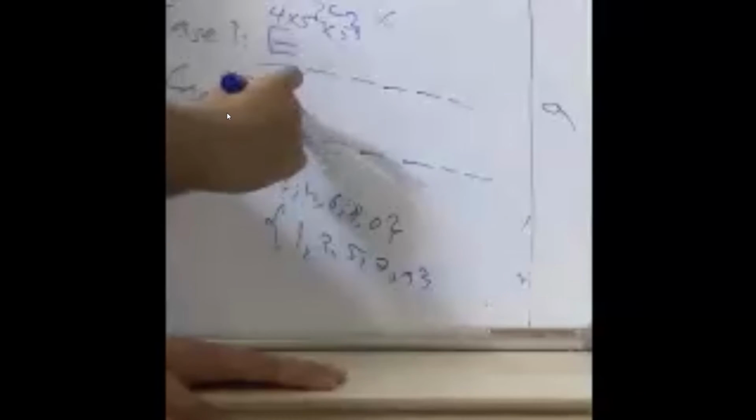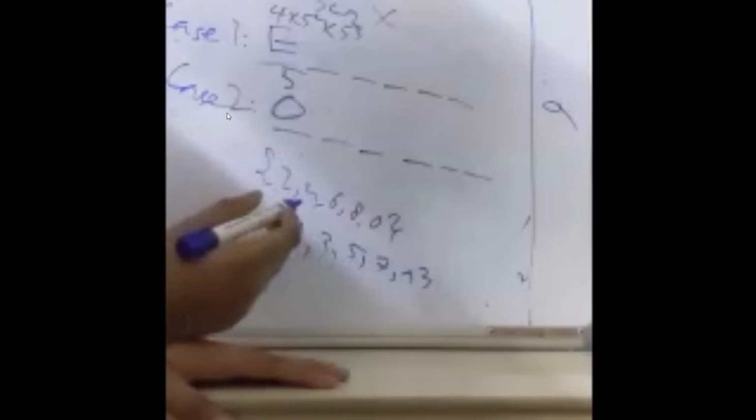And over here, we have odd, which is case 2. So we have an odd number over here. We could choose it in 5 ways, with the odd digits 1, 3, 5, 7, 9. Now these 5 blanks will be filled by 2 odd digits, and we could do that in 5C2 ways.